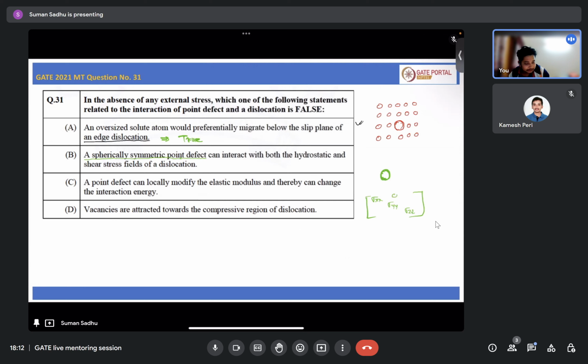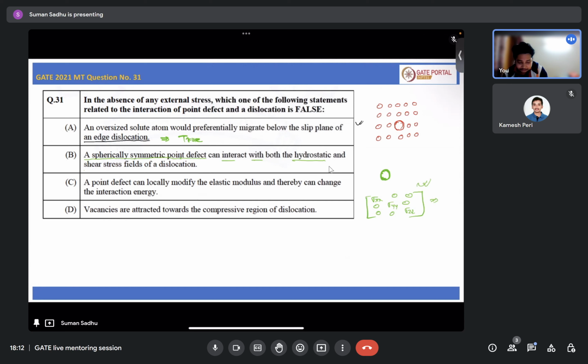It will not create any shear components, as it is distorting the matrix in all directions similarly. So a spherically symmetric point defect will only have the hydrostatic component of the stress.